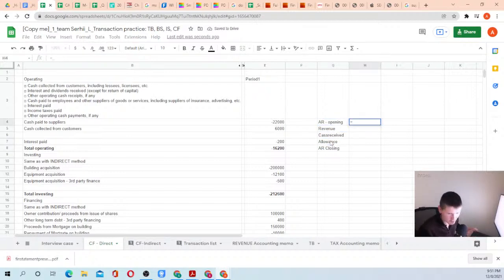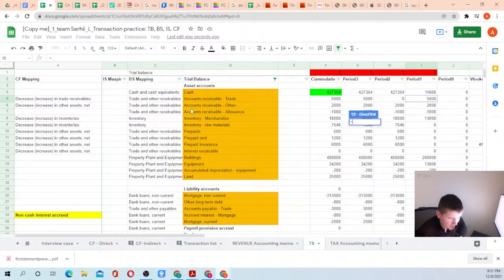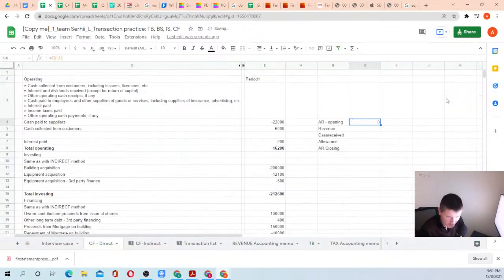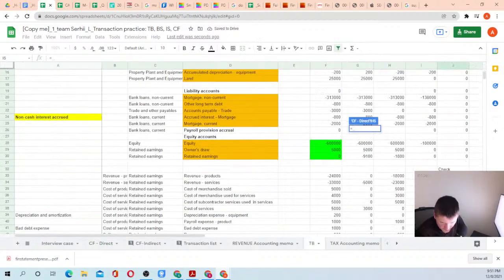So in our situation, let's use everything gross now. So we have that amount of trade receivables, 0 in period 1. Our revenue for the period was, let's see, 11,000.